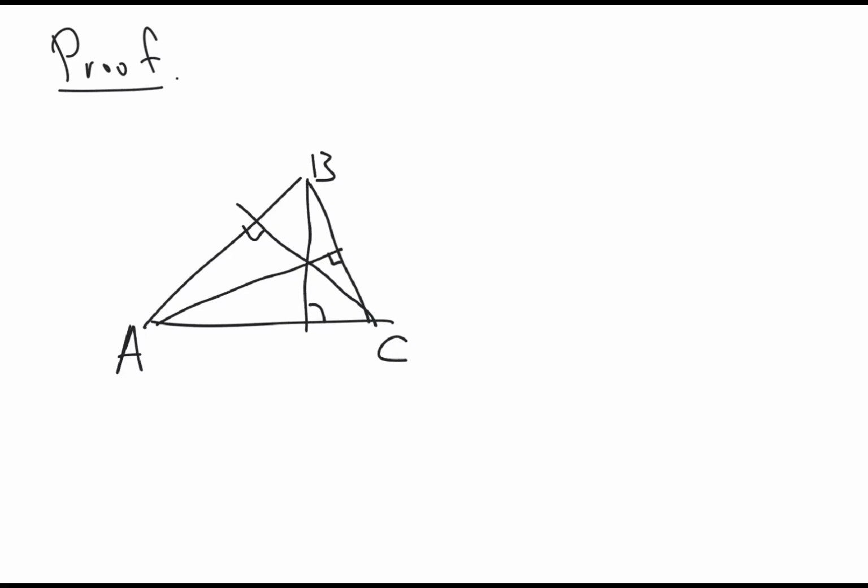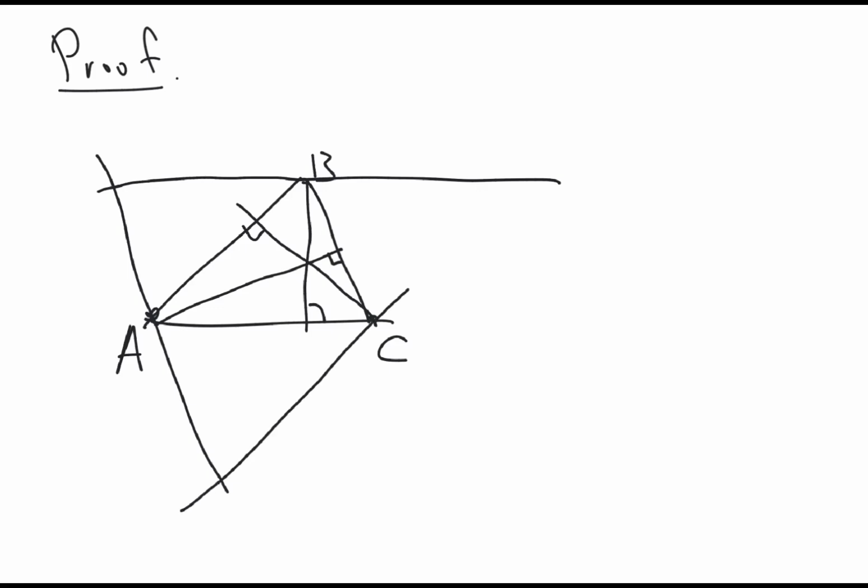Let's consider the lines passing through each vertex that is parallel to the opposite side. So the line passing through B that is parallel to AC, the line passing through A that is parallel to BC, and the line passing through C that is parallel to AB, like this.